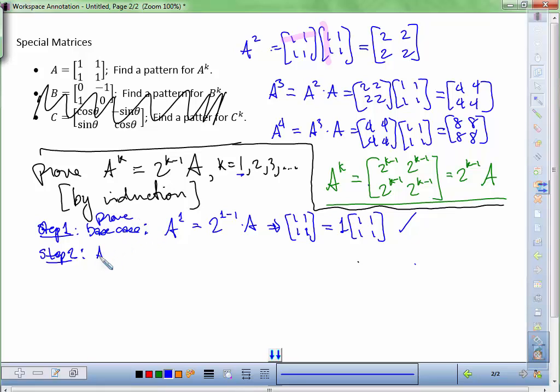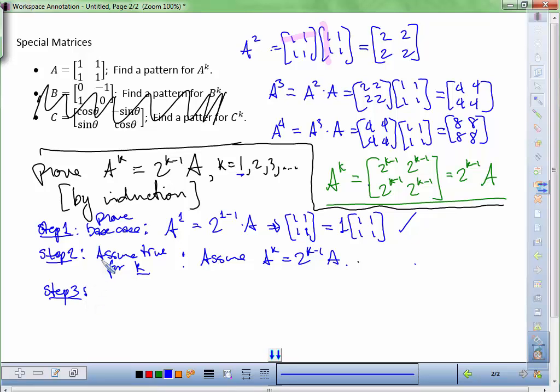Step 2 is assume true for k. So we're going to assume that A to the k is equal to 2 to the k minus 1 times A. We'll assume that, and then step 3 is your final step.